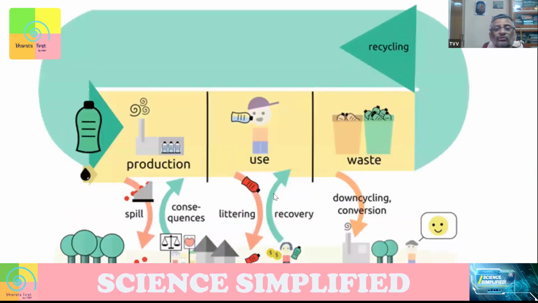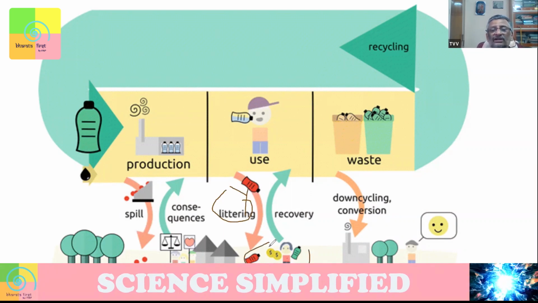How to stop this? How to stop this is to go for what is called a circular economy. What is it? Whether it is in production or use or waste, you cycle the material. There may be a small amount of spill, but reduce it as much as possible. After that, littering you stop. You arrange for recovery by, let's say, paying for old bottles and so on.